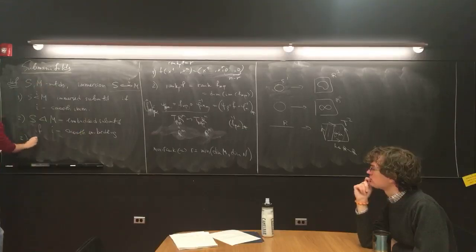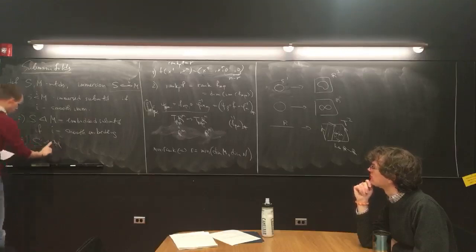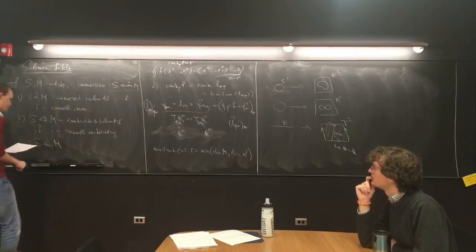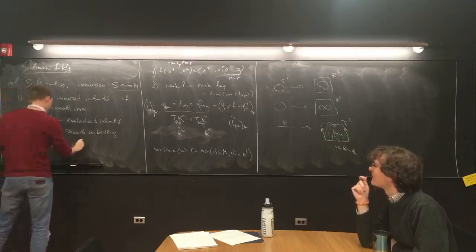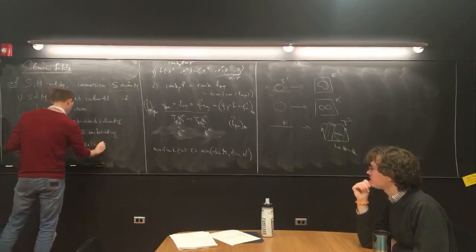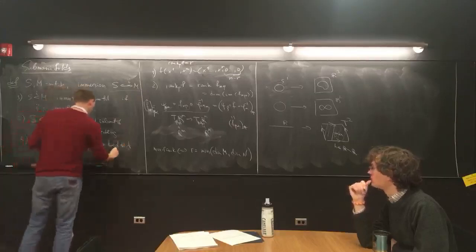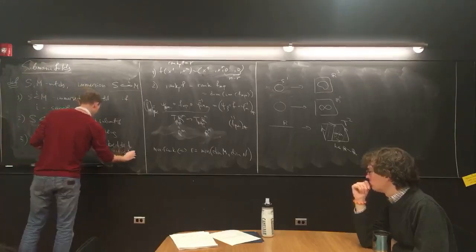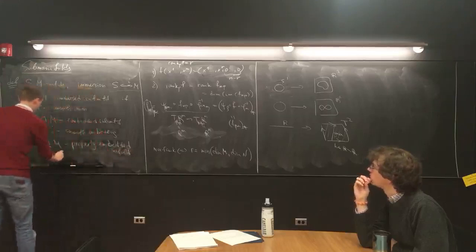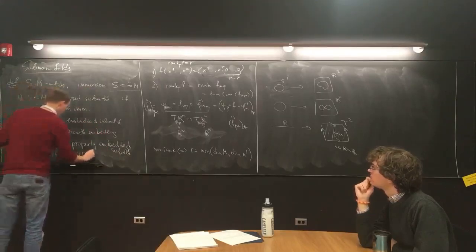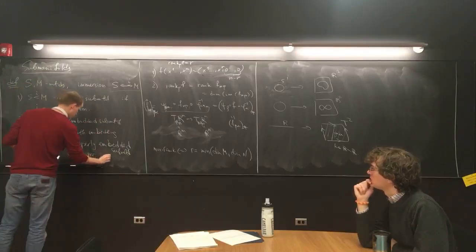And then S is a properly embedded submanifold if I is a proper smooth embedding.